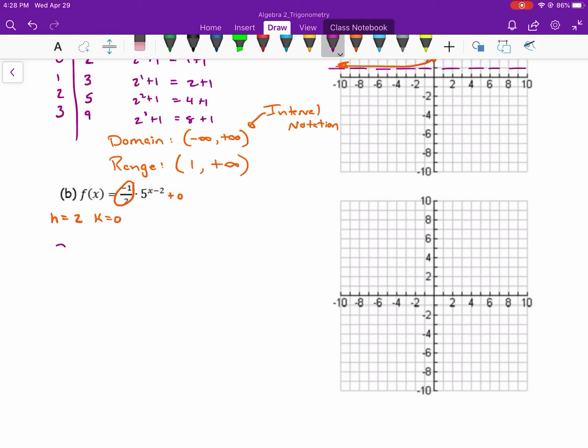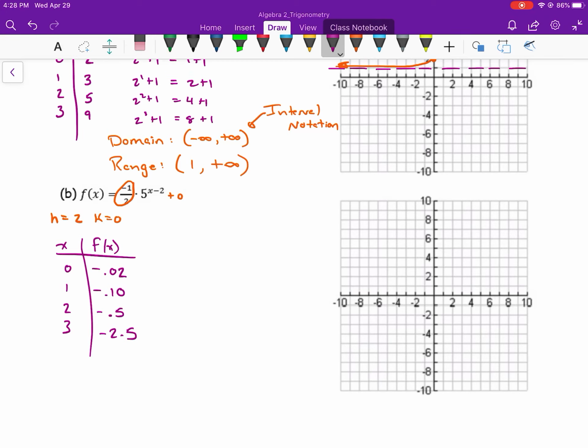Okay, table x, f of x: 0, 1, 2, and 3. Plug into the calculator, plug into Desmos, we get -0.02, -0.10, -0.5, and -2.5.